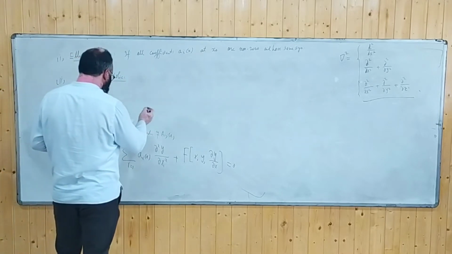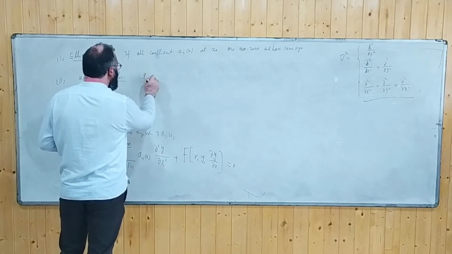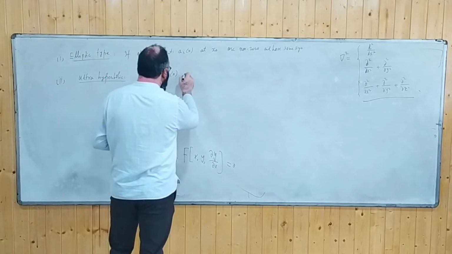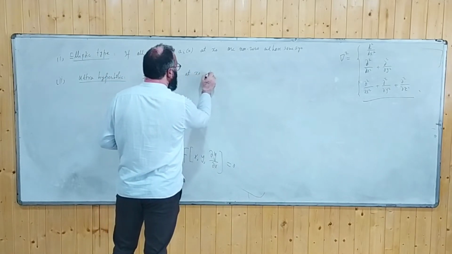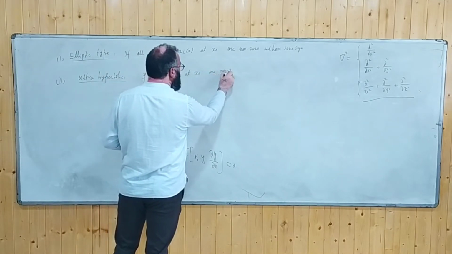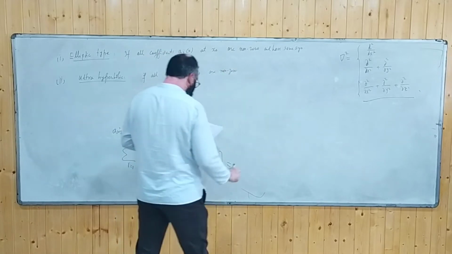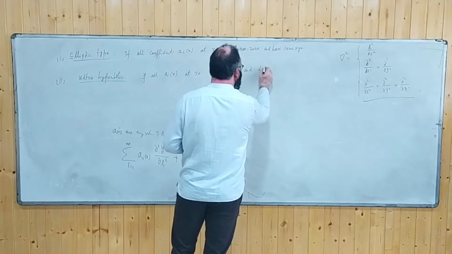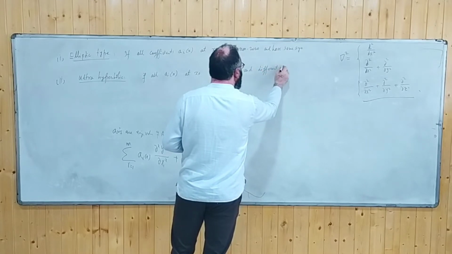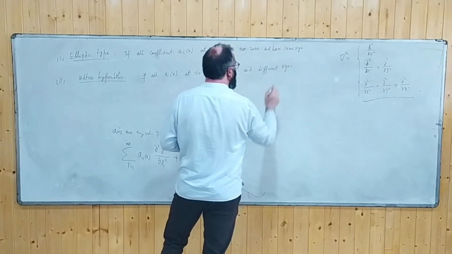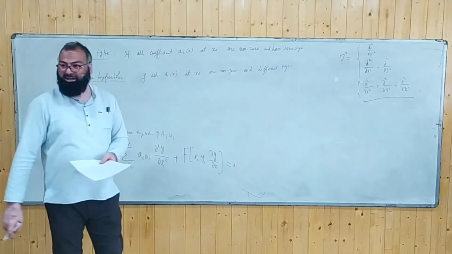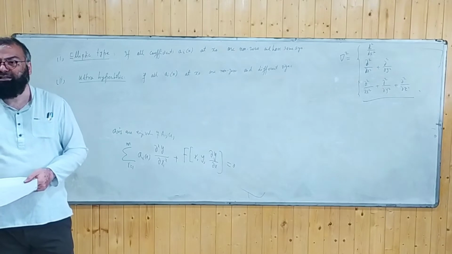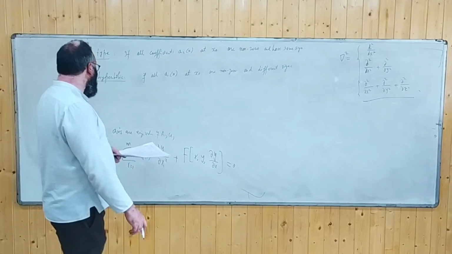If all a_i of x at some point x naught are non-zero and have different signs, it's not necessary, the coefficients can be having different signs. So we call them ultra hyperbolic.